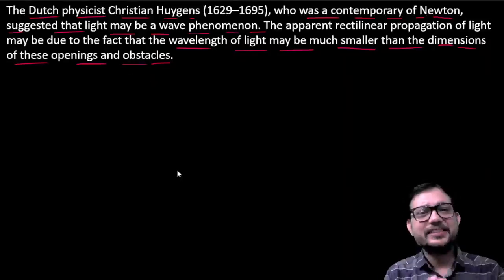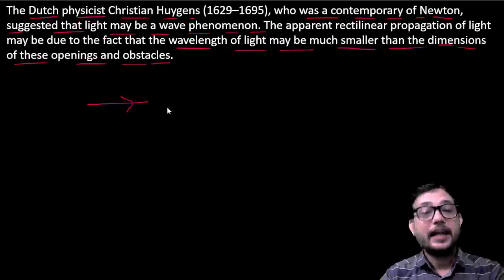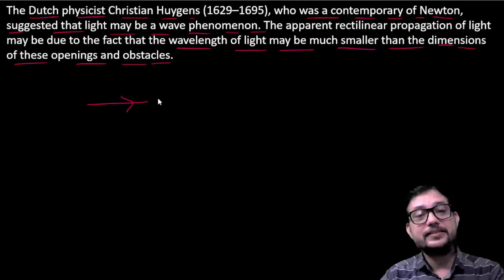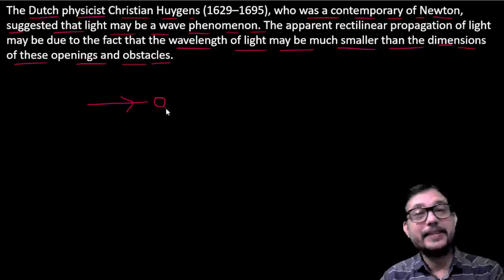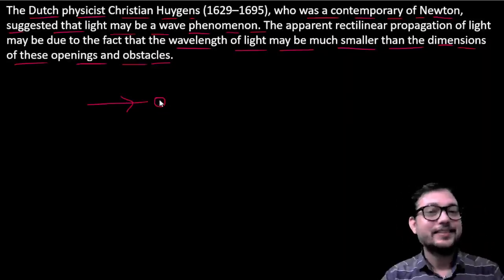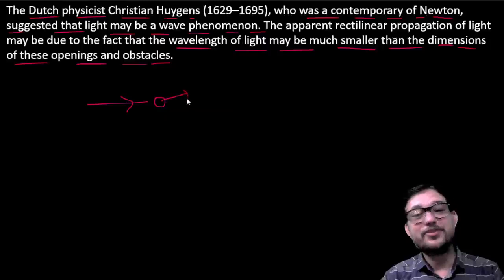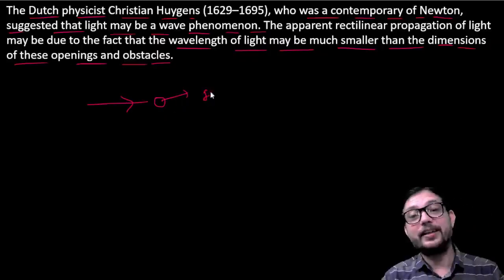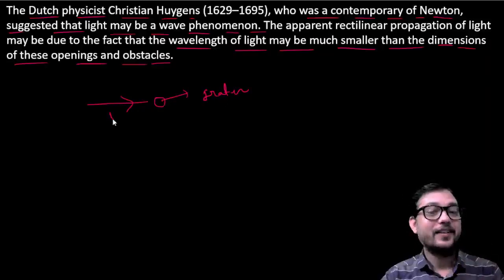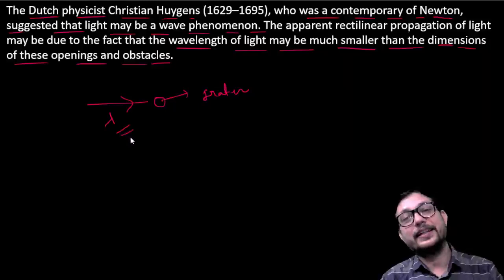So we can simply say that the light is moving this way and it passes through a tiny hole. According to Huygens, the dimension of that tiny hole is much greater than the wavelength of the incident light.